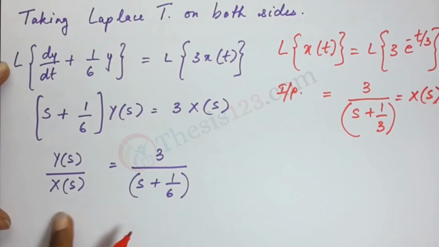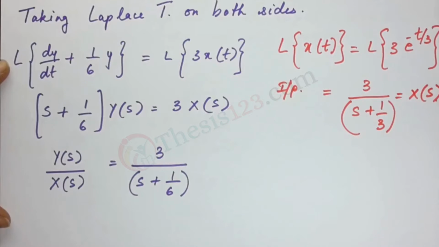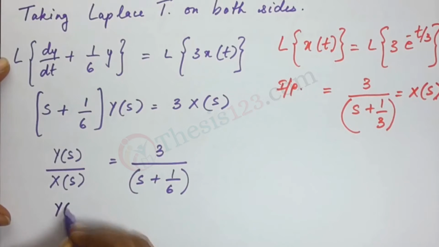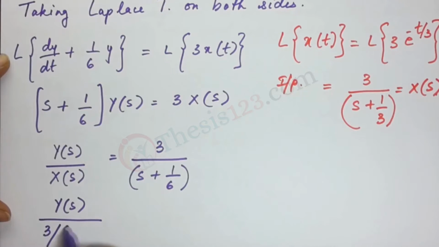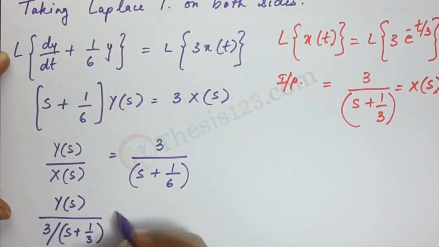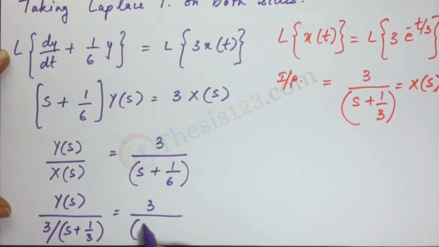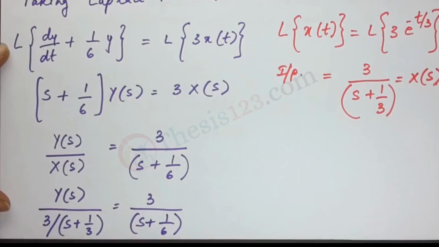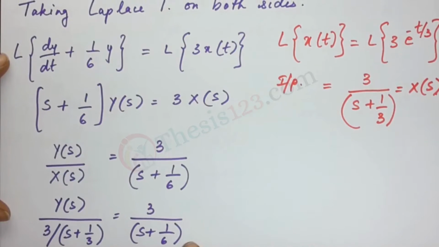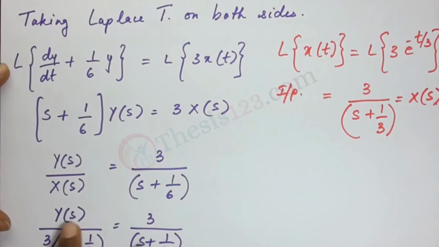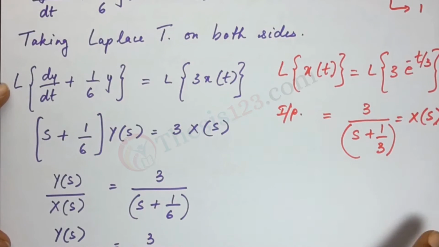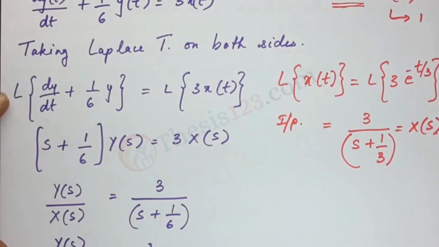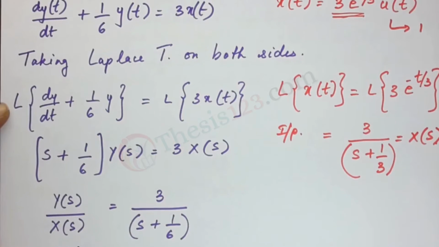Okay, so if we were to substitute that here, Y of s divided by 3/(s plus 1/3) is equal to 3 divided by (s plus 1/6). Okay, so now we have an expression where we need to find out what Y of s is. So let's take this term to the other side. I'll just take another sheet of paper and we'll continue.